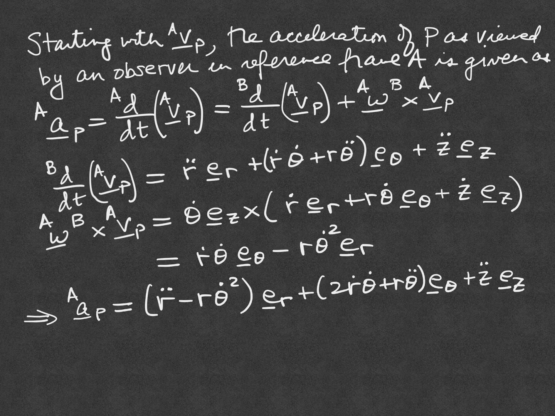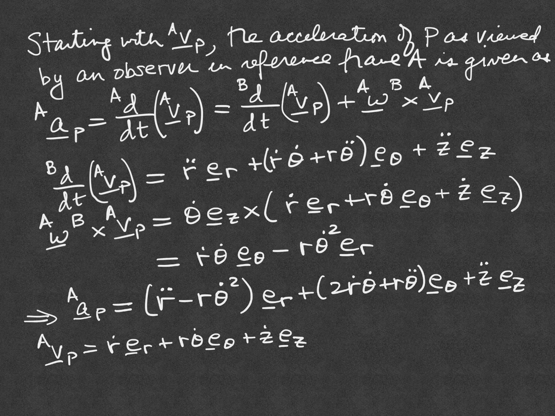Now it's important to understand what this means. So when I go back to this expression for the velocity of P in A, where I had r dot ER plus r theta dot E theta plus z dot EZ, this means the following.